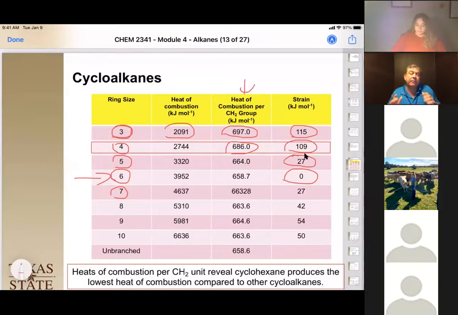They can't get to that full 109 on all the angles, and therefore our ring strain actually increases as we go up. Okay, so our magic, you know, Goldilocks, cyclohexane here is 6 carbons, and that's why we use cyclohexane so much in our descriptions. Okay, questions on ring strain or even the stability of the thing based on the heat of combustion?